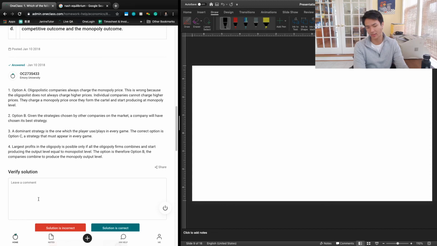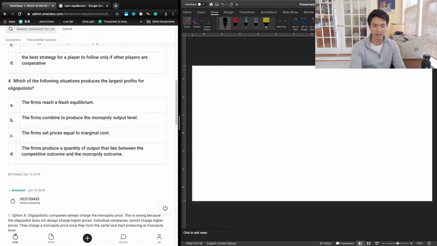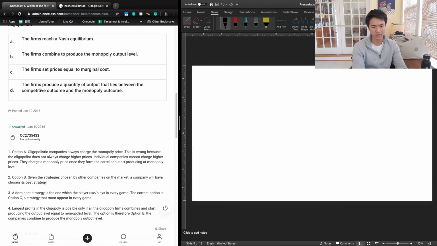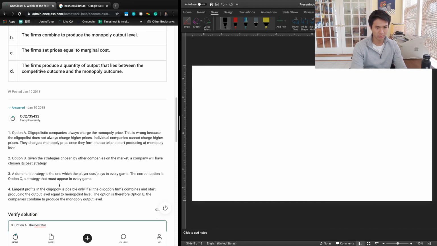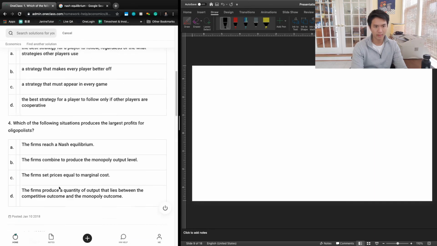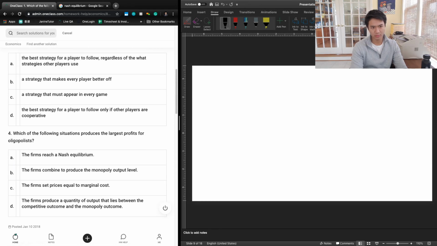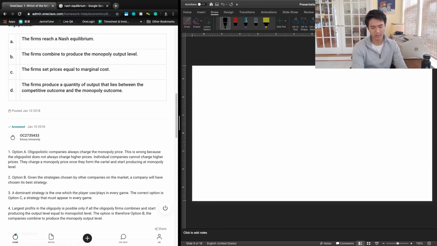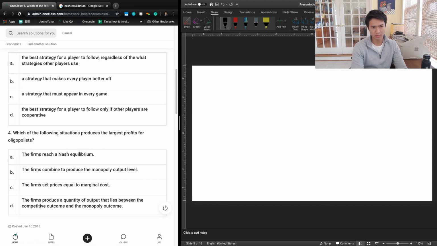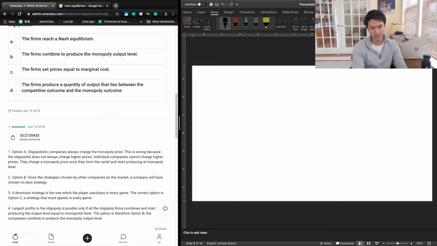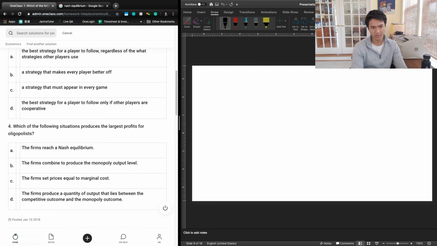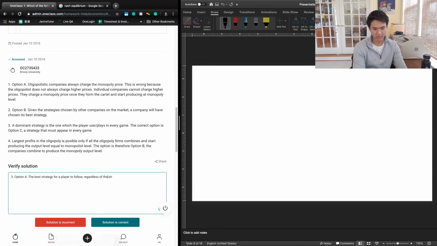So that's not correct, so we're going to actually mark that wrong. 3 is option A, sorry, the best strategy for a player to follow, regardless of the strategies other players use.